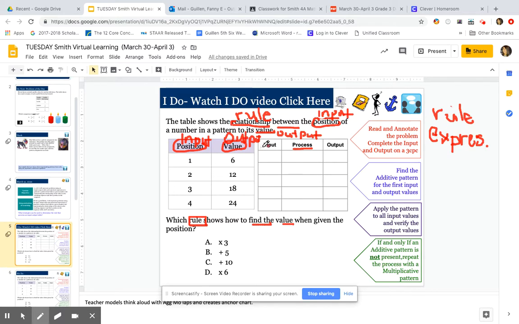So here, same thing. This is my position, P for position, and V for value. So I have my position again is 1, 2, 3, 4, and here it goes all the way to 4, but I'm going to just do one more, 5. And then the output, I have 6, 12, 18, and 24.